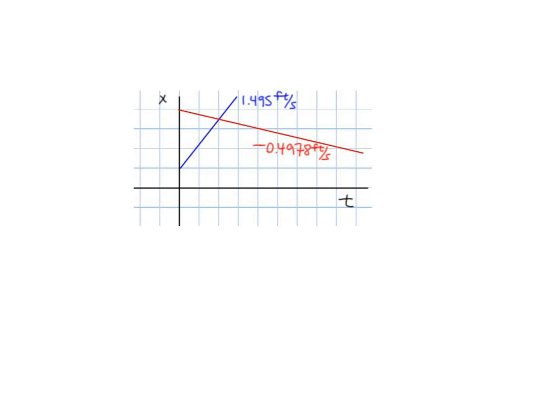Now, how might speed be identified on a position versus time graph then? If you didn't have the numbers written down, could you still determine which car was faster? And the answer is quite simple. Yes. Whichever has the steeper slope on a position versus time graph will be the faster object.